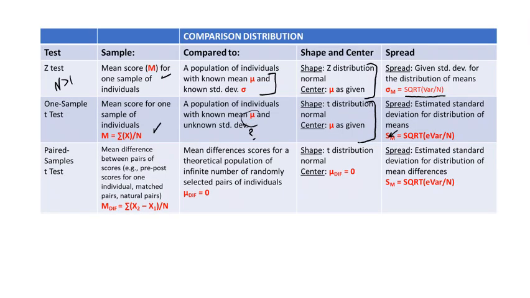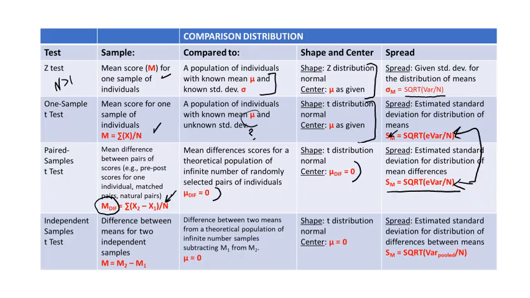Then we had our paired samples t-test where we were using M difference, the mean of the difference scores between all of those groups. So that's how we calculated the mean. And we were comparing it with a mean difference in the population of 0. Here's the center. And in order to estimate the standard deviation for the distribution of means, the formula was just the same, which is why these two are combined into one chapter.